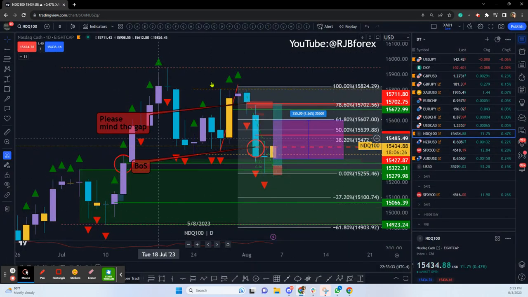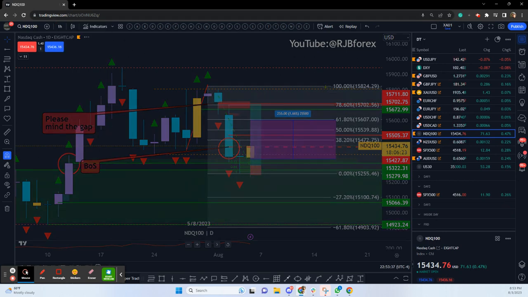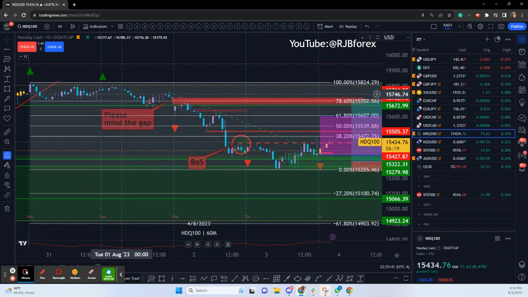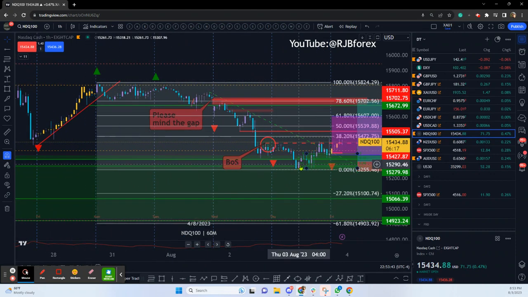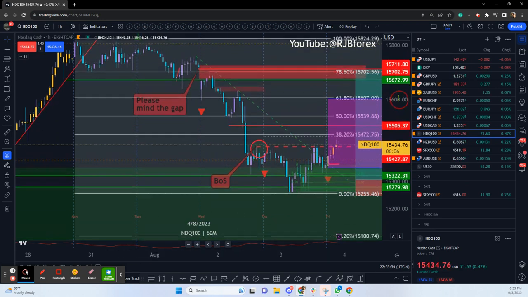And interestingly, when we go back and look at the weekly template, we've got the opening range, Monday and Tuesday, and we've had a pretty nice attempt.